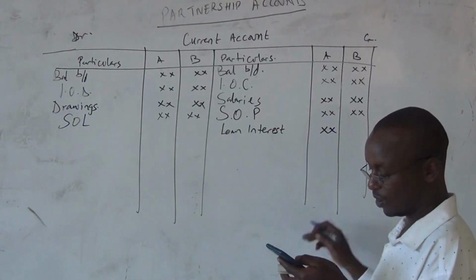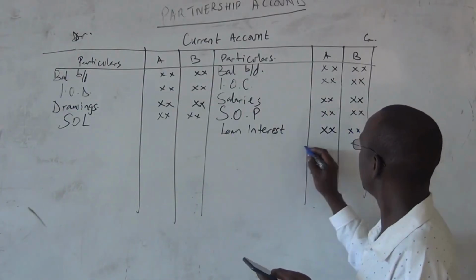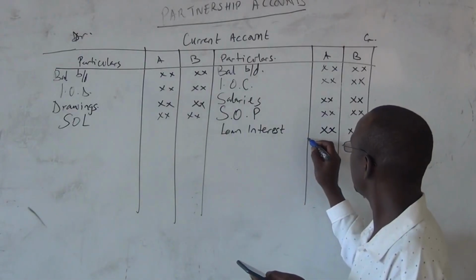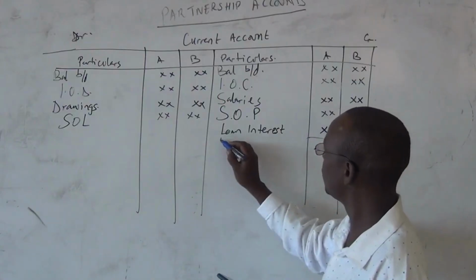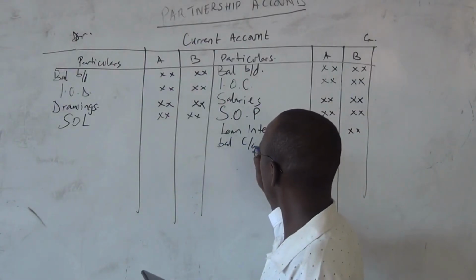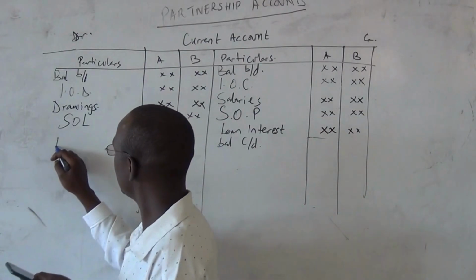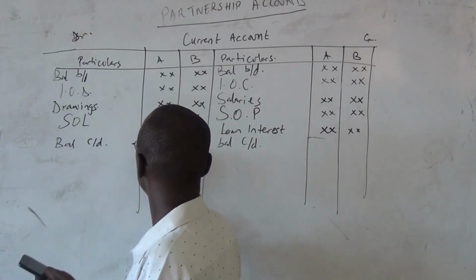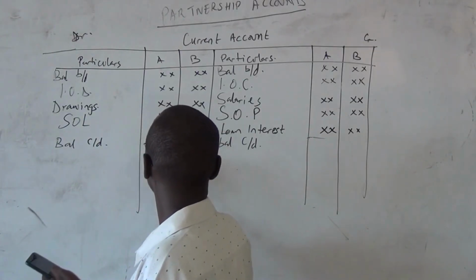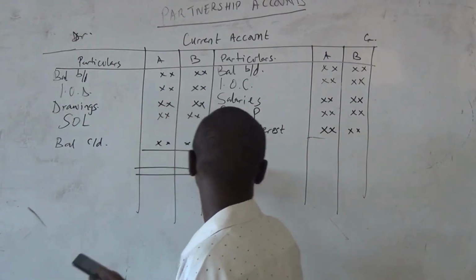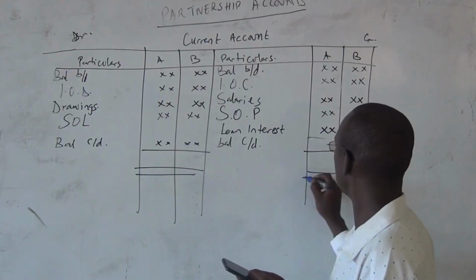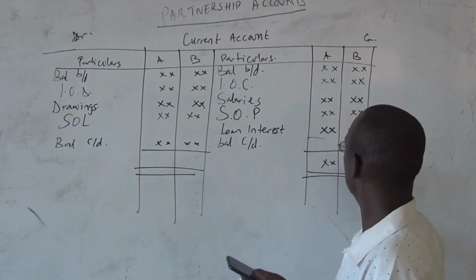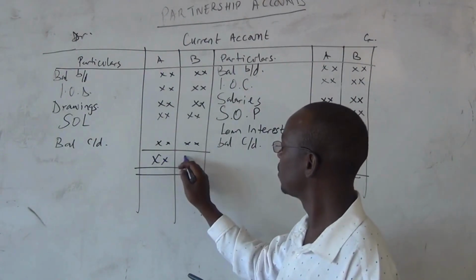And then you close, you get the balance carried down. Balance carried down can be on either side, not on both sides. Then that is the current account.